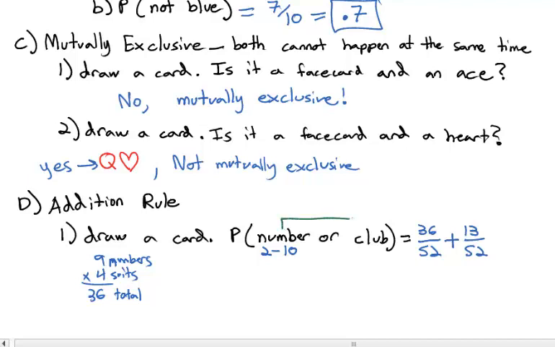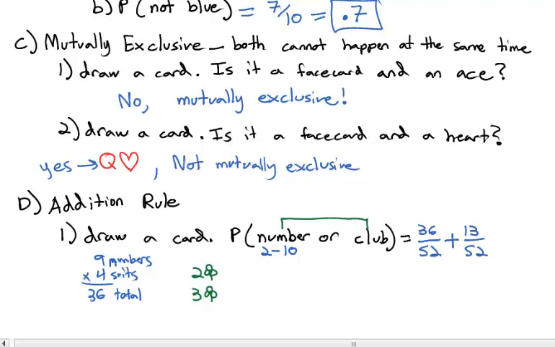Notice number and club are not mutually exclusive. There are some numbers that are clubs. Those cards have been counted in both groups. For example, the 2 of clubs, the 3 of clubs.